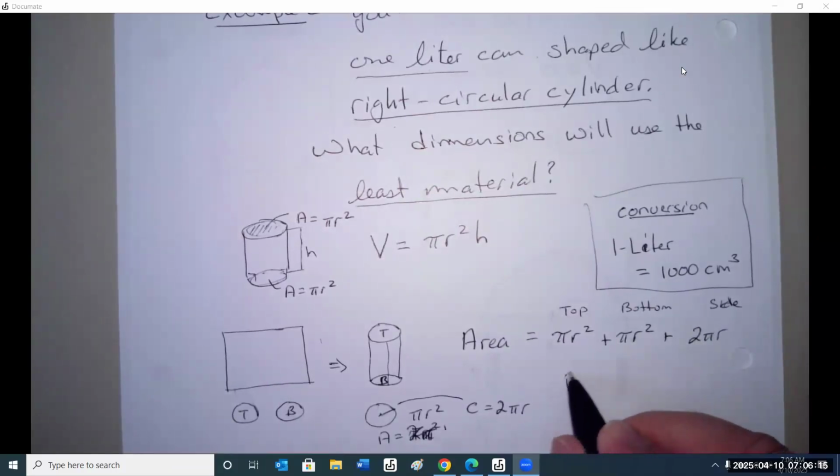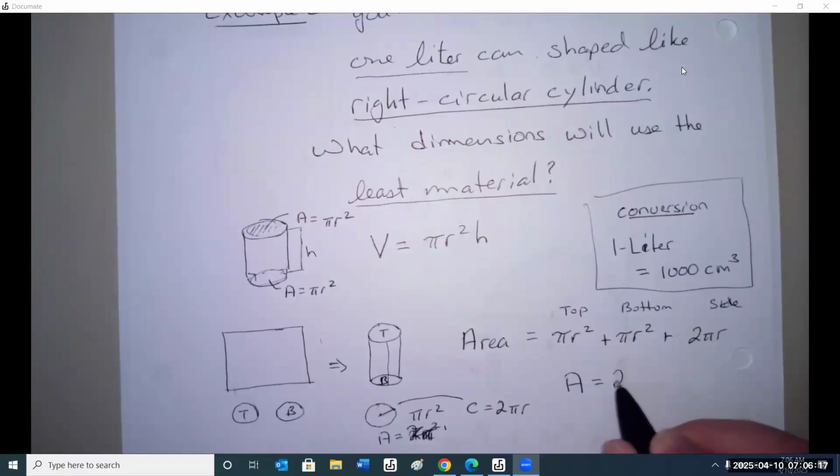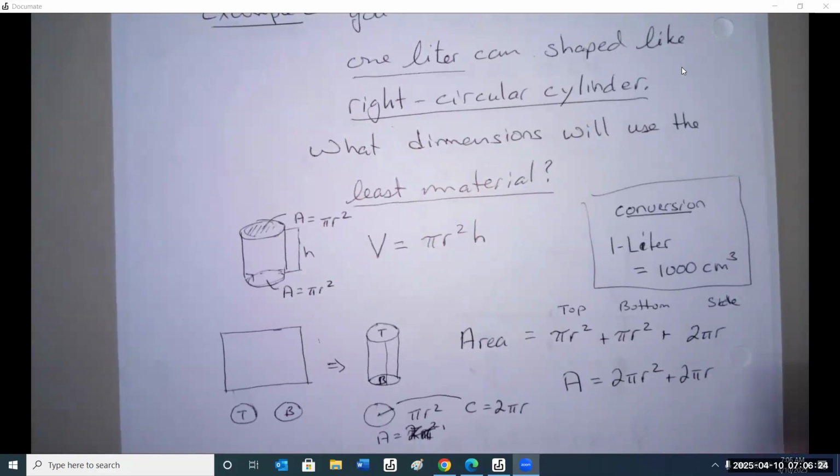So putting all this stuff together, the area is 2 pi r squared plus 2 pi r. That's the formula. And then we have to have the h, because this is 2 pi r times the h.